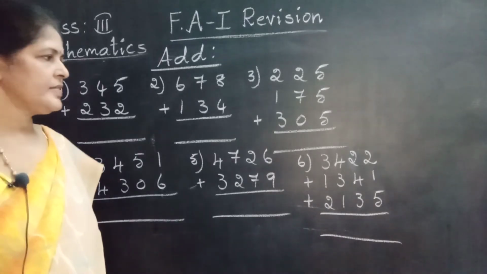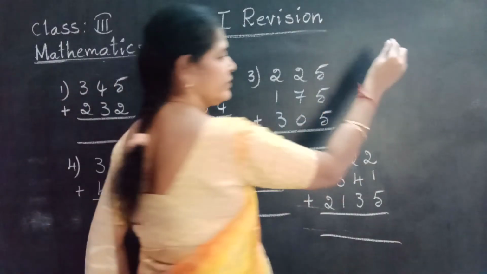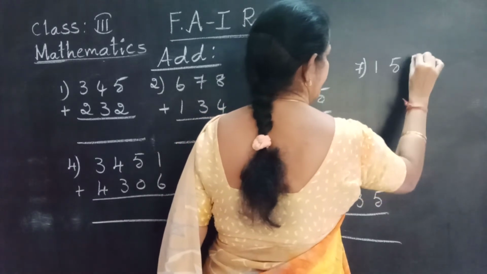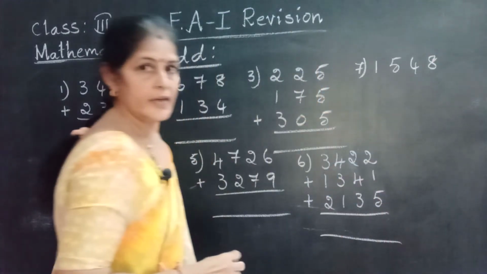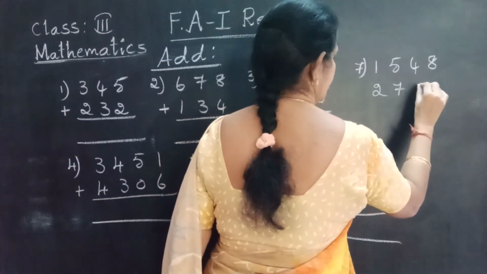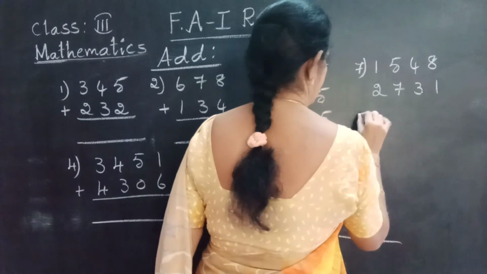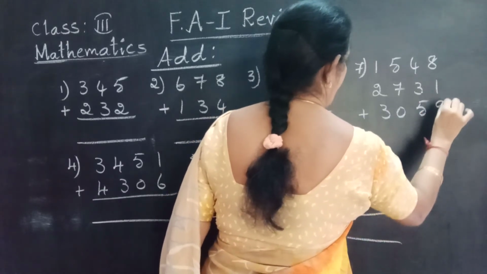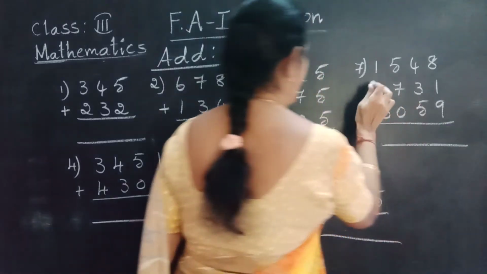One more problem is there. Seventh one, 1,548 plus 2,731 plus 3,059. Note down the seventh one.